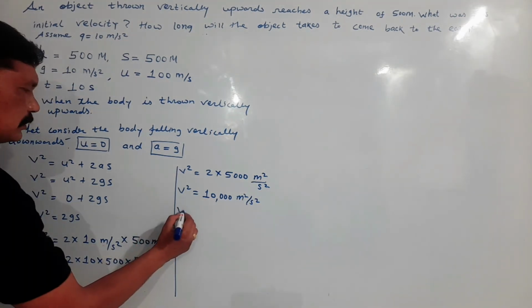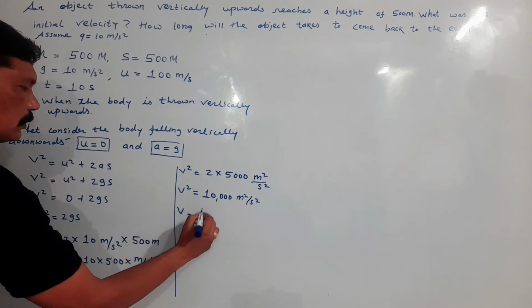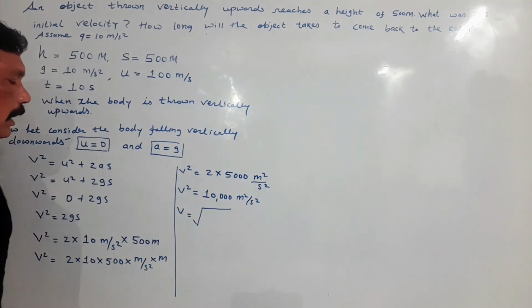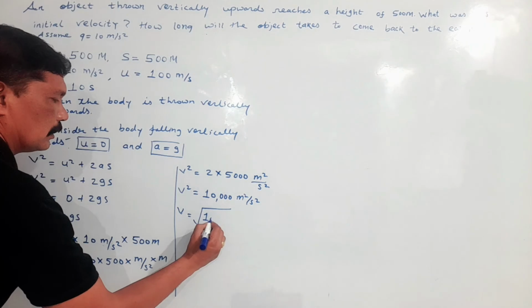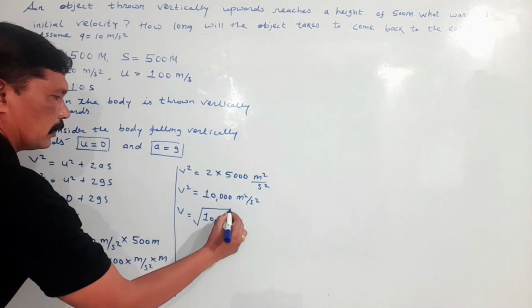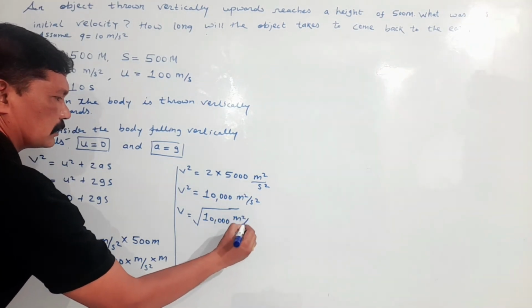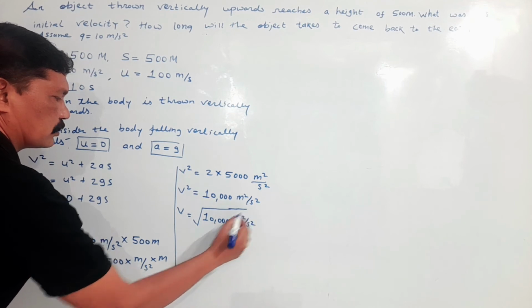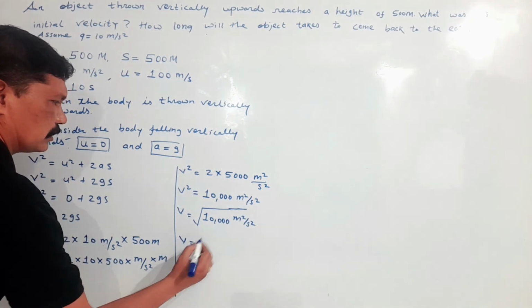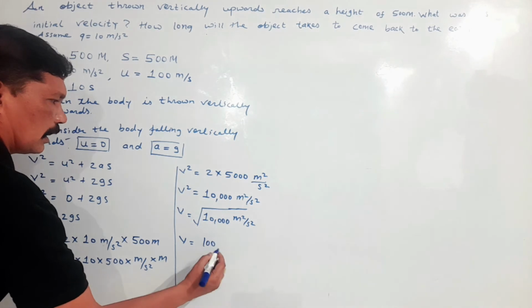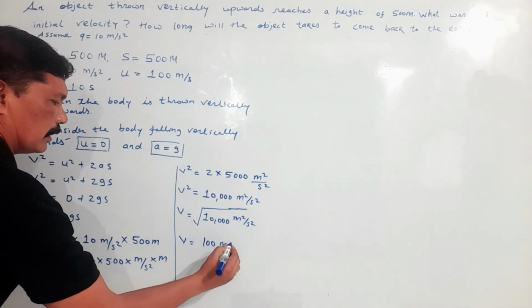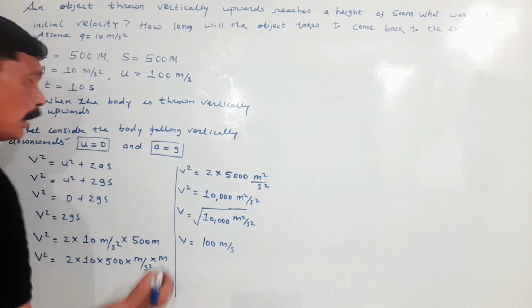So my dear student, v is equal to under root 10,000 meter square upon second square. So v is equal to 100 meter per second. But what is v?